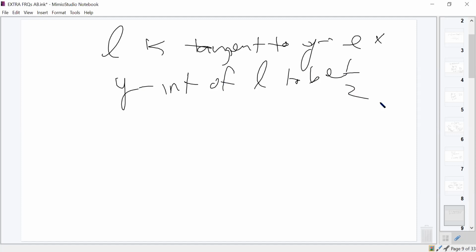And we want a positive value of k, so k greater than 0. Okay. And we're using the point k, e to the k. Everybody good with that? Okay.